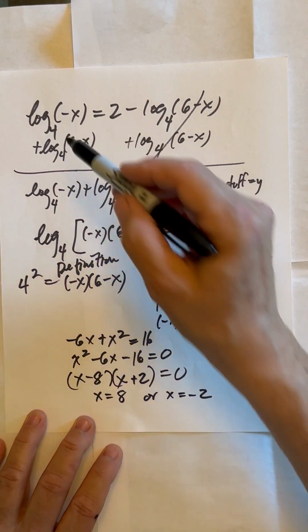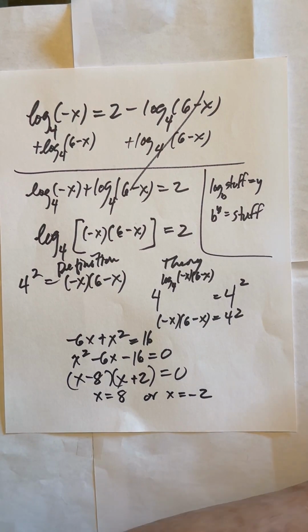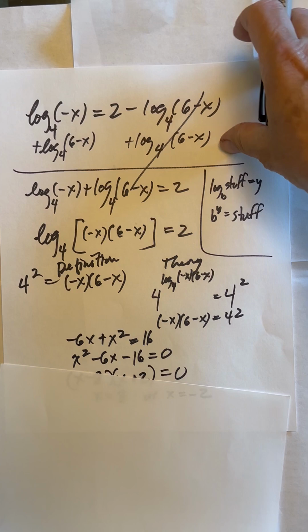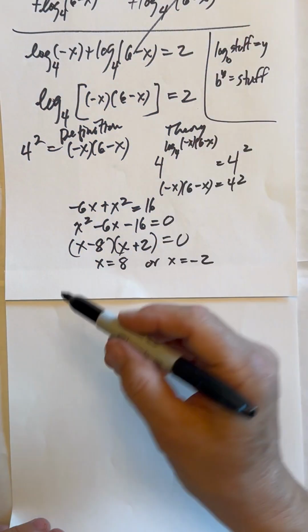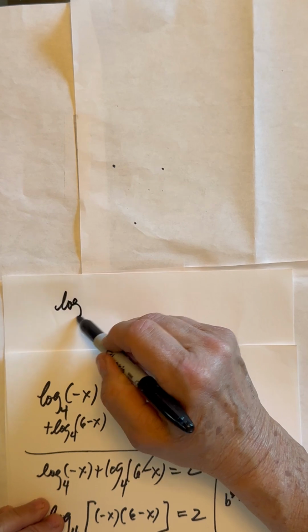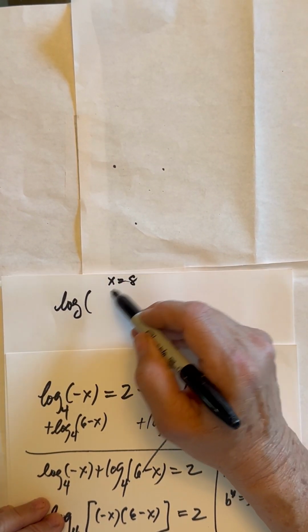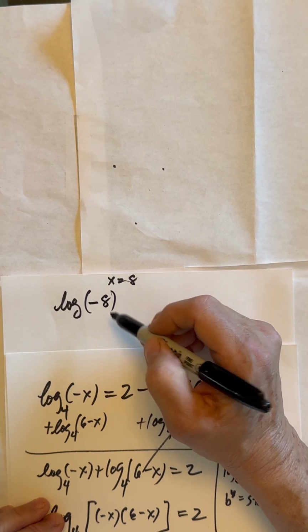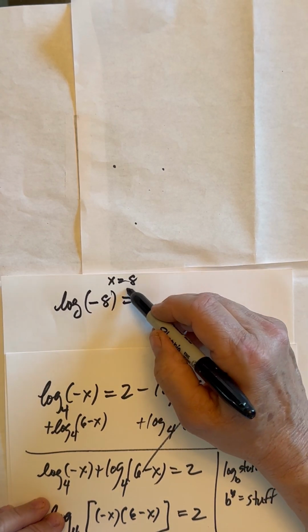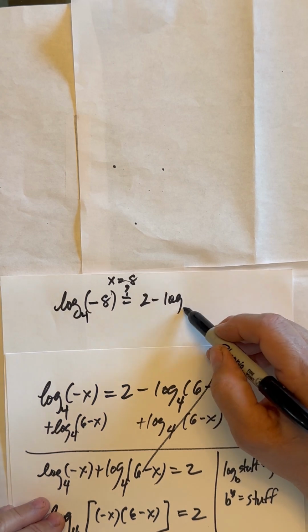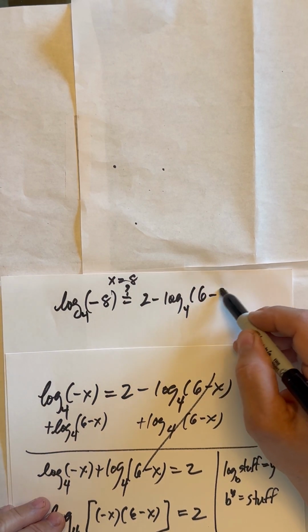When I check it, what I mean is I have to put this back into the original equation. So log of negative x. If I try, let's say, x equal to 8, I'm going to do negative of the x, 8. Does that equal 2 minus log of 6 minus 8?